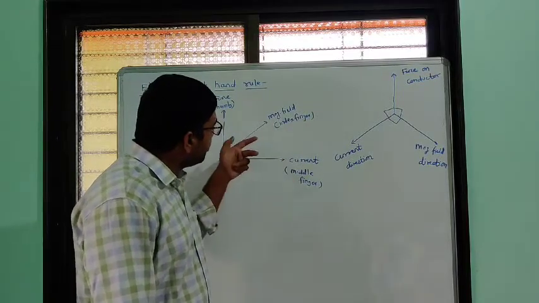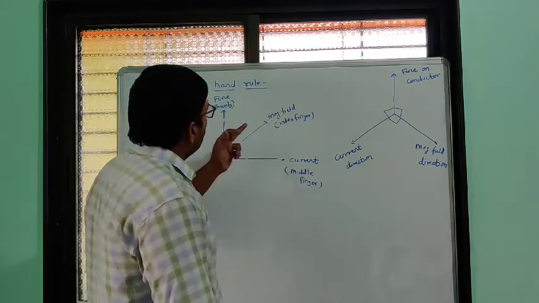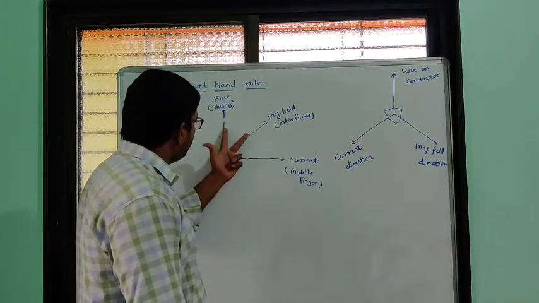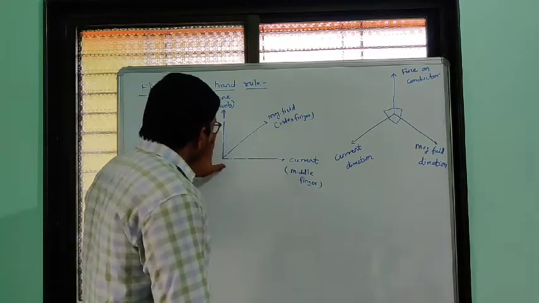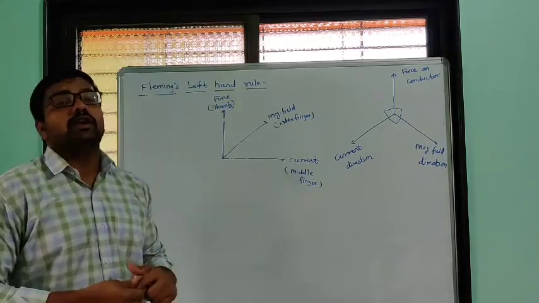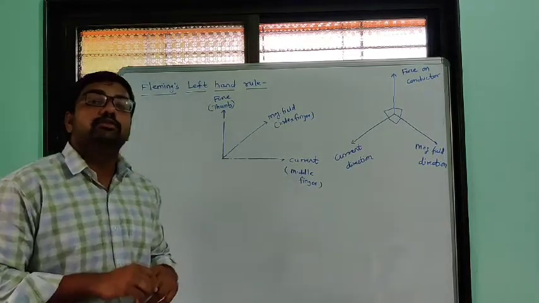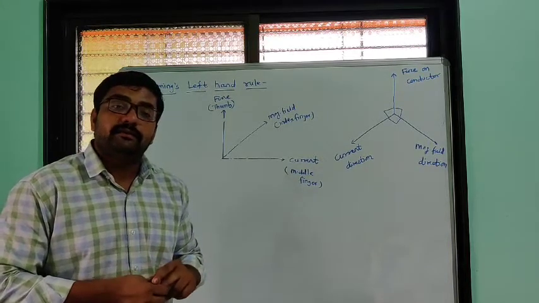Current direction and magnetic field direction are mutually perpendicular to each other. Magnetic field direction and force direction are again perpendicular to each other, and the force and current direction are also perpendicular to each other. So all three things are mutually perpendicular to each other, which is given by Fleming's left hand rule.